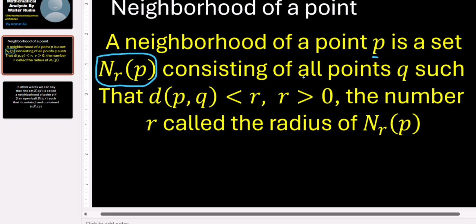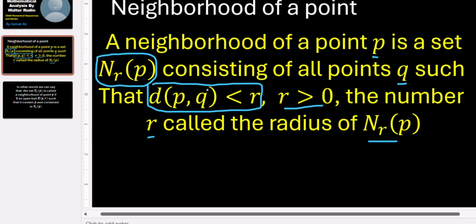This set consists of all points Q that satisfy this condition, that is, the distance of point P from Q is always less than some real number r, where r is a positive real number. The number r is called the radius of this neighborhood.